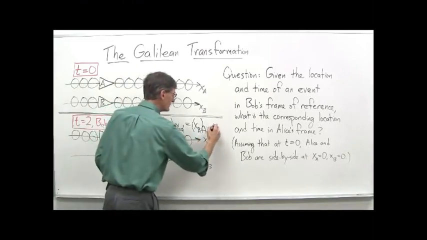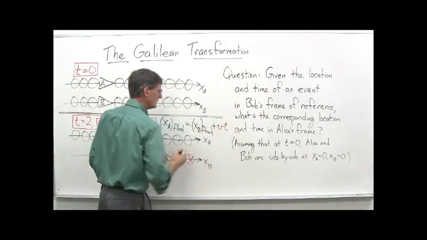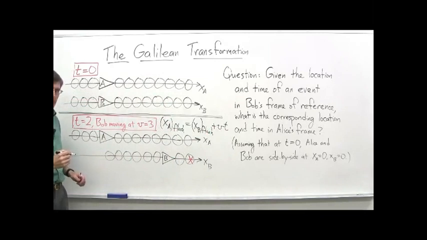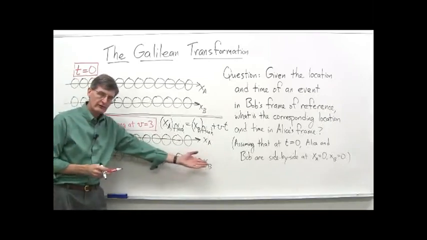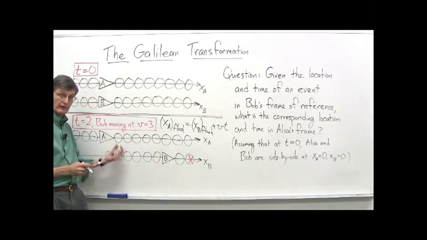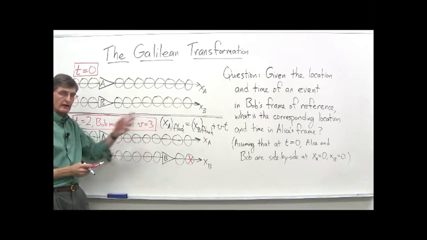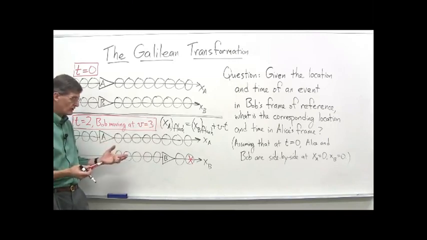So it's plus velocity times time. Okay? So that's the equation for any given event that happens in Bob's frame of reference. Any place along his x-axis, where he says, I saw a flash of light at a certain time and a certain location.